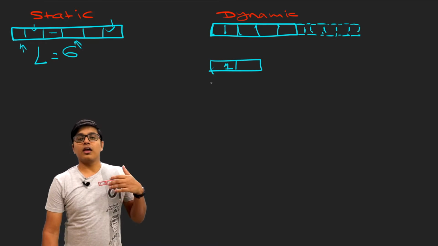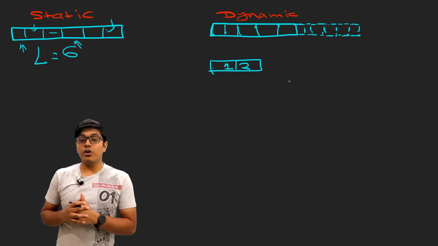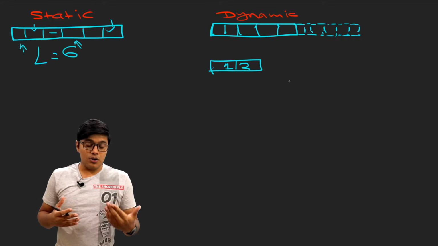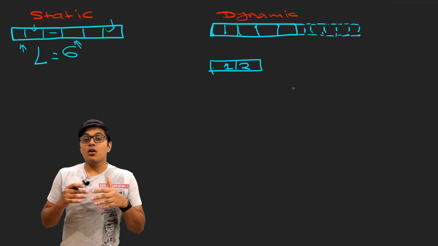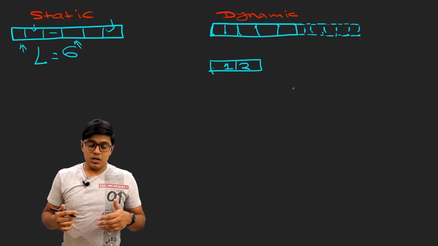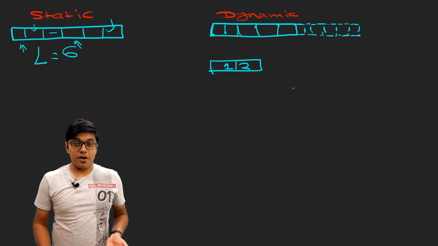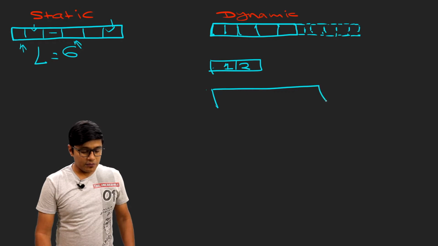Then again after some time you inserted a value 2 here. Now the next time when you are going to insert the value 3 in the third place, what is going to happen when you write array.push(3)? As it doesn't have space, it will go and create an array of length 4.